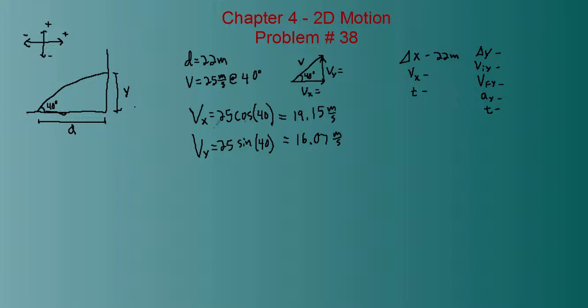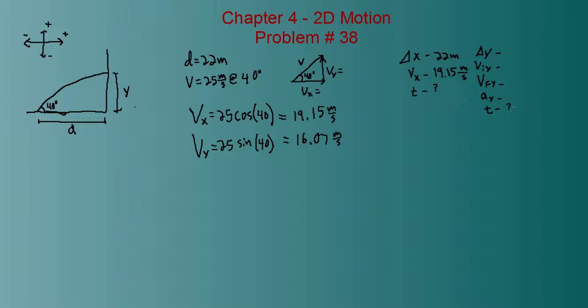We figured out the initial x velocity, that's 19.15. I really shouldn't say initial x velocity, because, as we know by now, there is no acceleration in the x direction, so it's the velocity all the time. Speaking of time, we don't know the time, so that's a question mark currently.